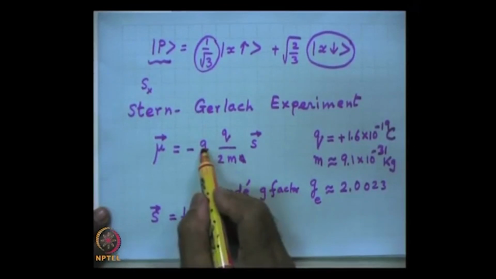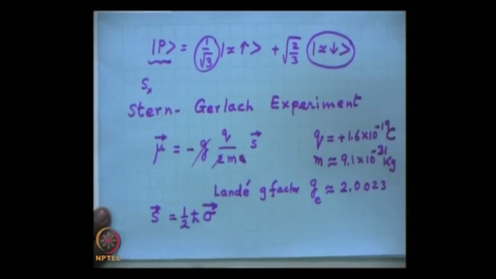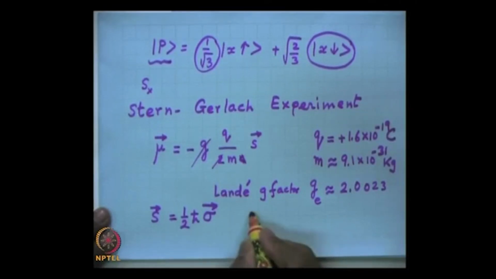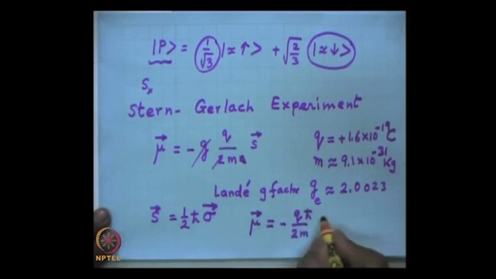So, if I assume g is equal to 2, then this factor cancels out with this factor. So, the magnetic moment becomes proportional to minus q by 2 m h cross sigma.